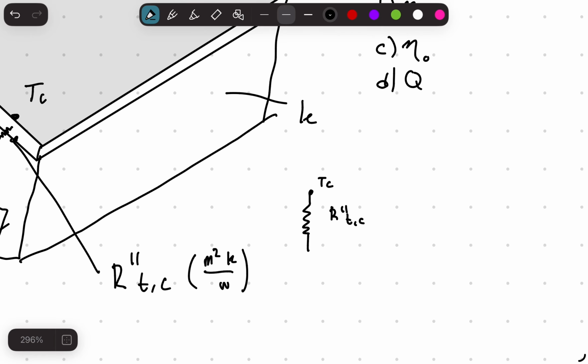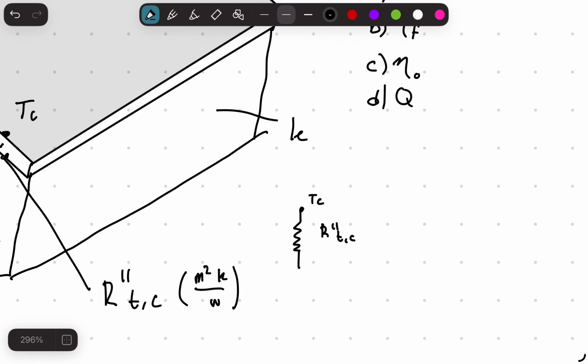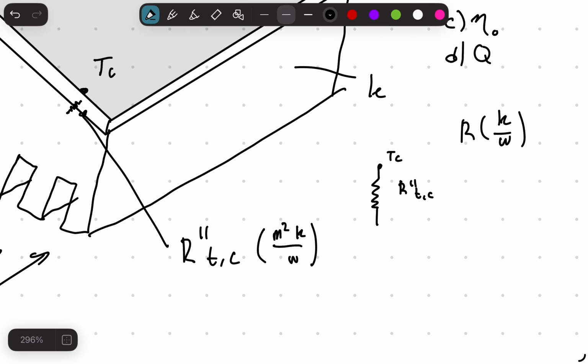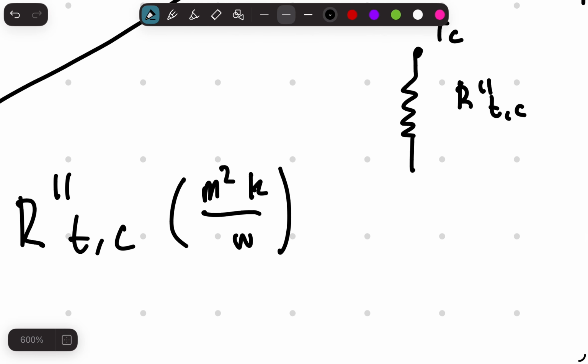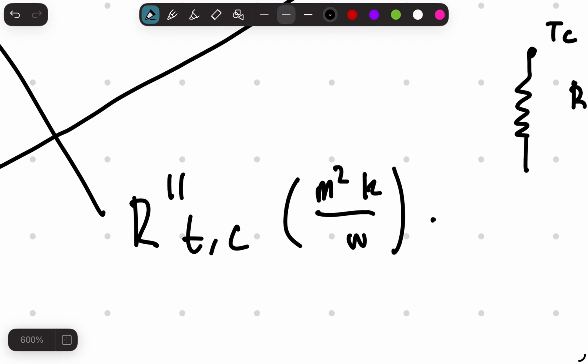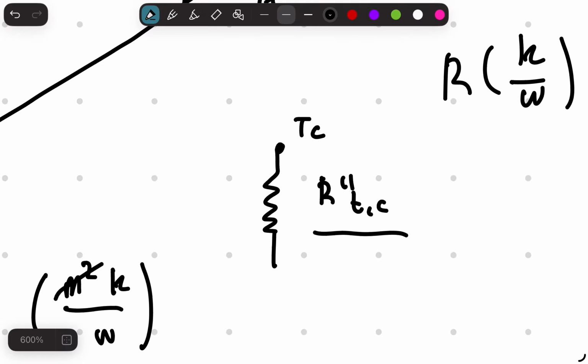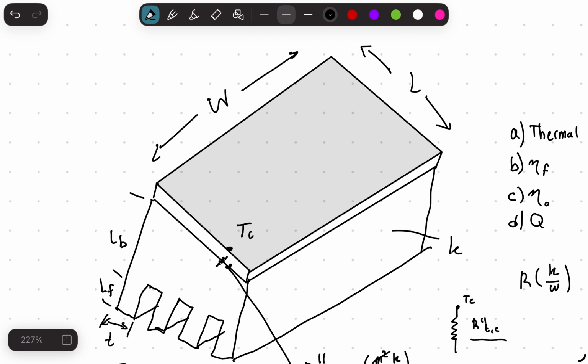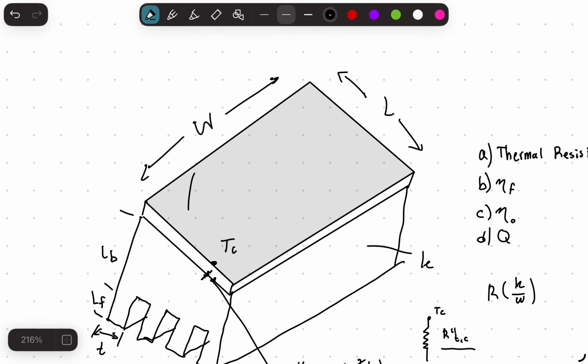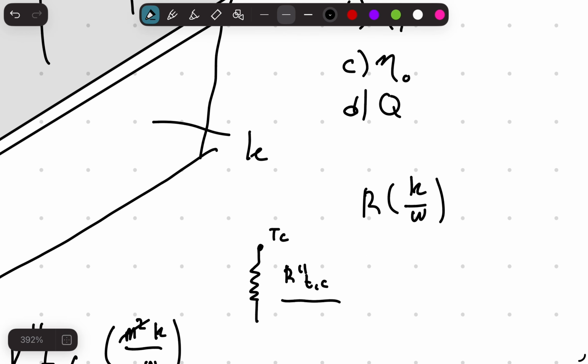And normally, any type of contact resistance is going to be in the units of Kelvin per watt. So we need to get rid of this meter square. To get rid of that, we can divide by area. And now it cancels out the meter square. So we have to divide by the area, and the area that this contact resistance acts is along the entire area right here for the length and width.